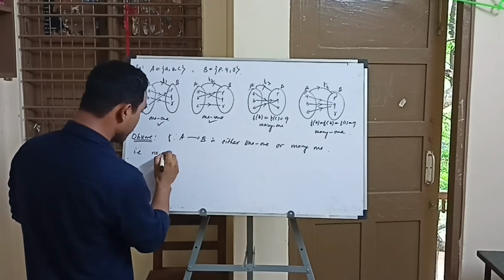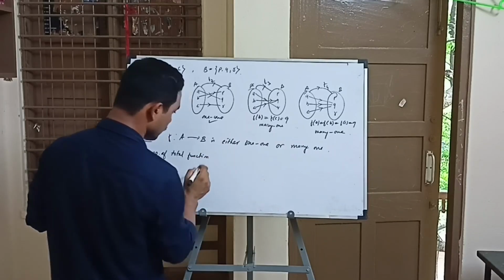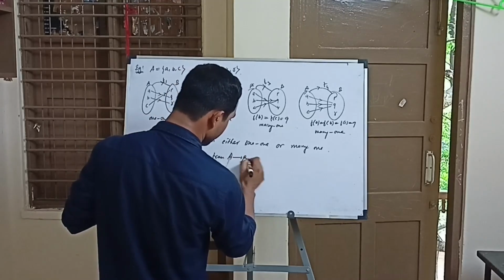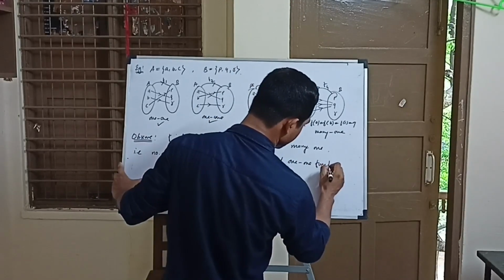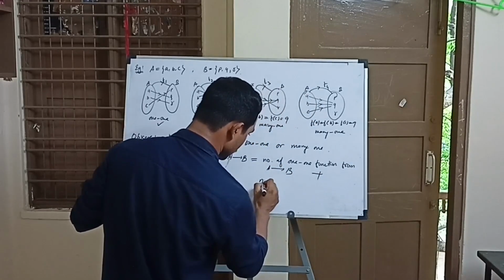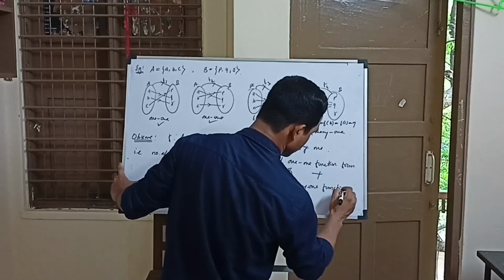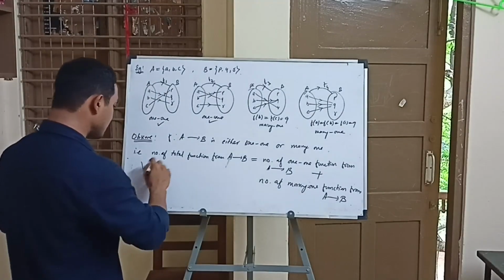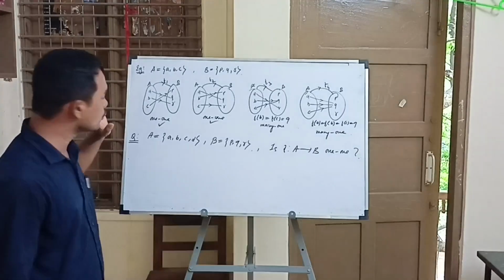That means the number of total functions from A to B is equal to the number of one-one functions from A to B plus the number of many-one functions from A to B. This is an important observation, an important result. Please mind it.